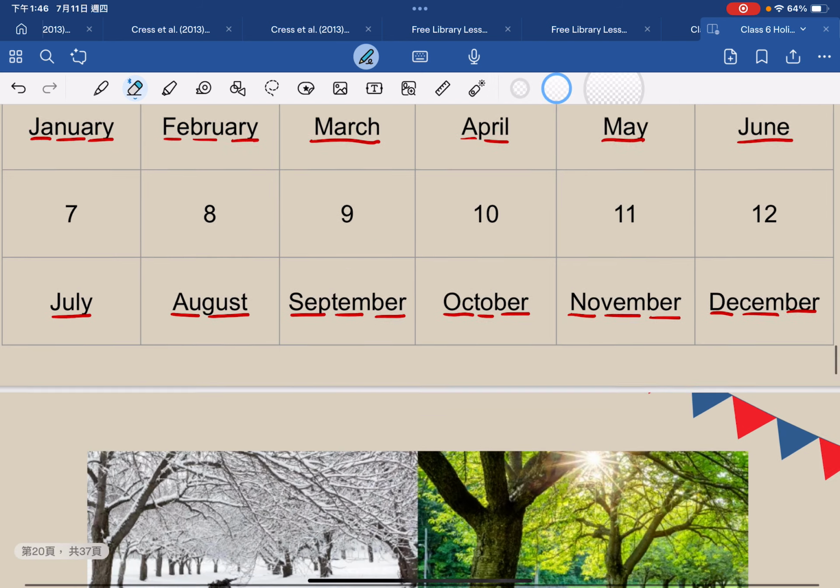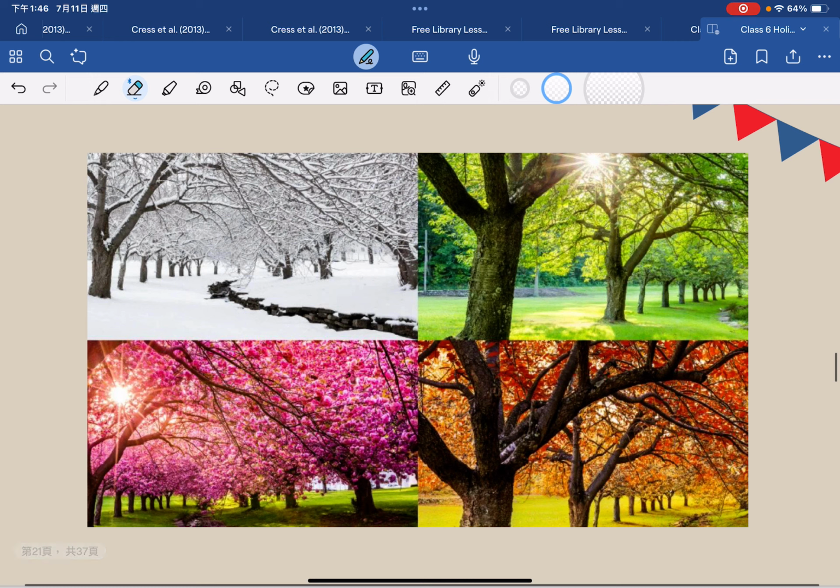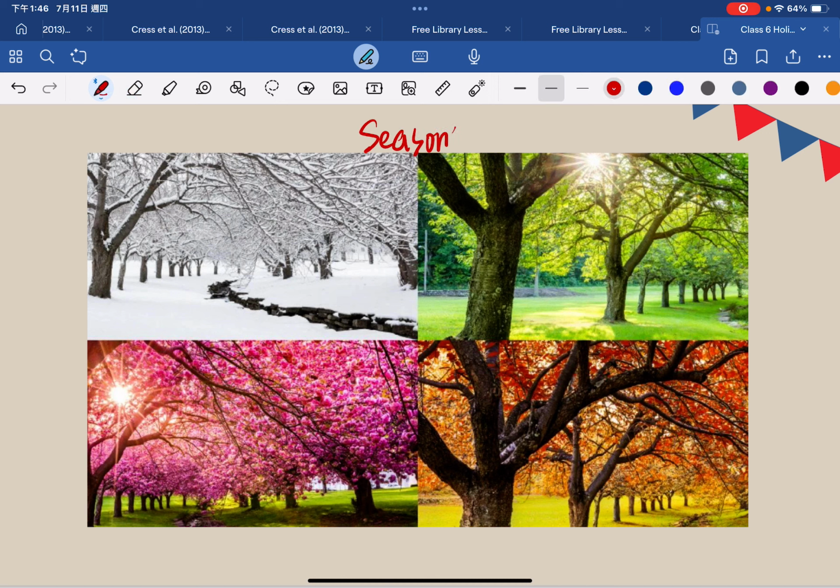So if we have months, if we have days, we also have different seasons, right? We have different seasons throughout the year. For example, we have spring here, and we have summer here.